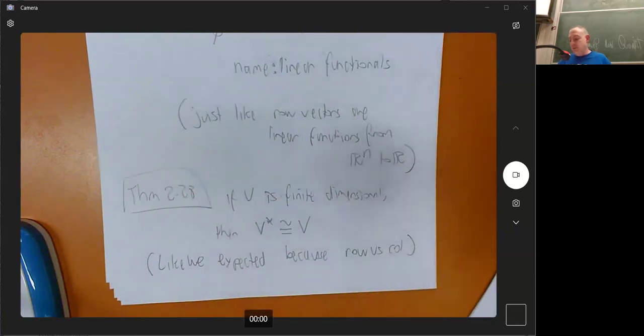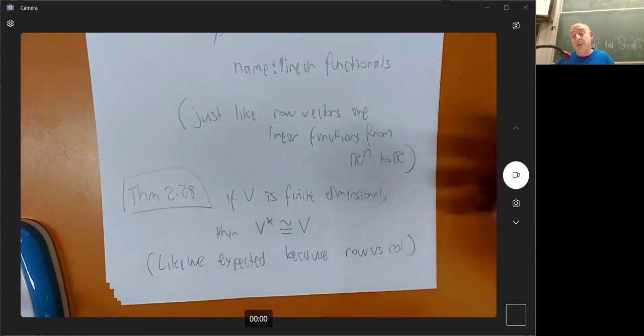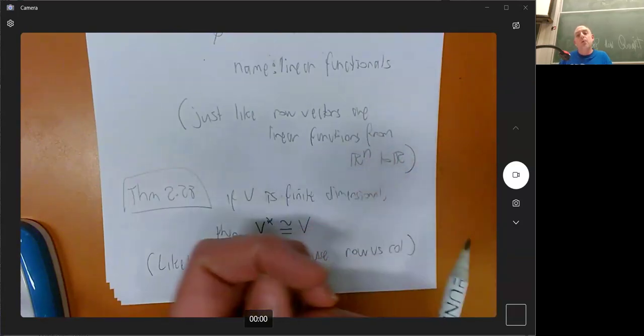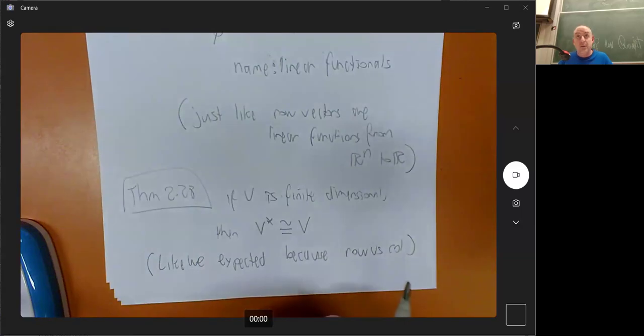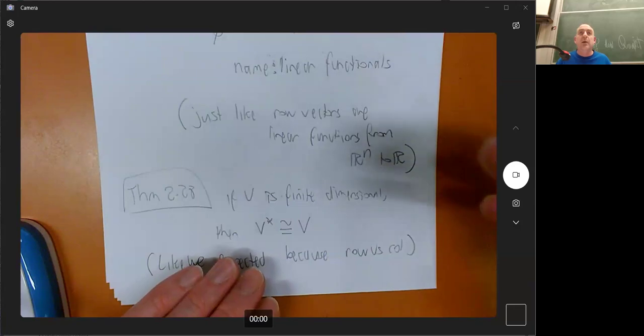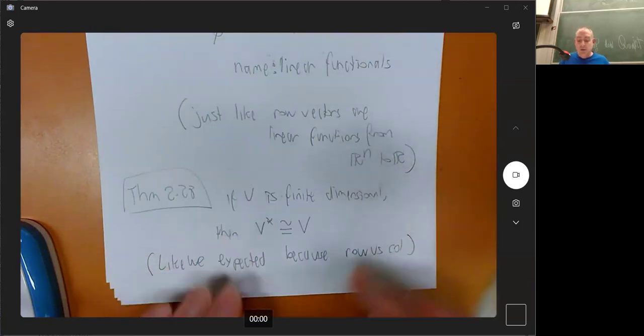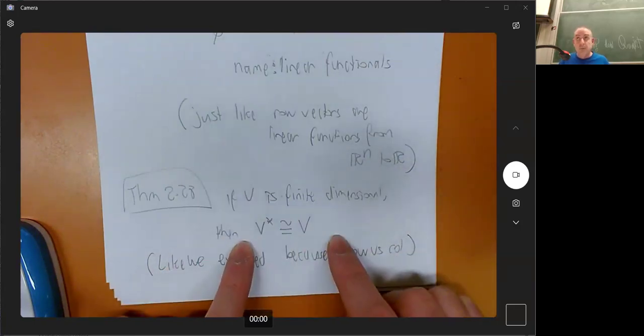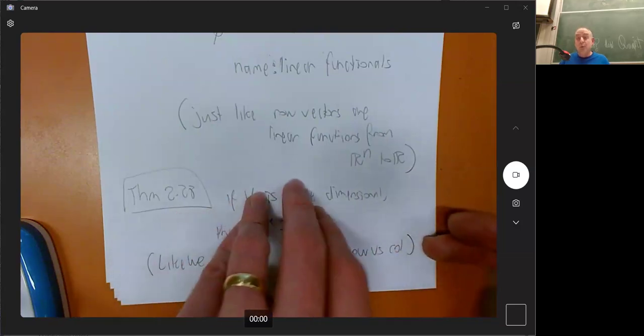A lot of the abstract algebra stuff is trying to say, here's some stuff that we're familiar with. We're going to make it more general so we can apply it to more things. So whatever definition we have still has to match what we expect. Okay, so V is finite dimensional.